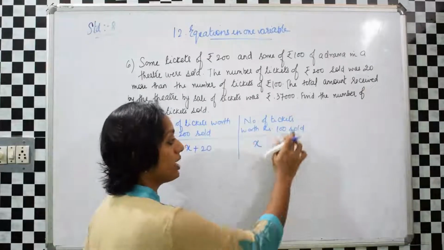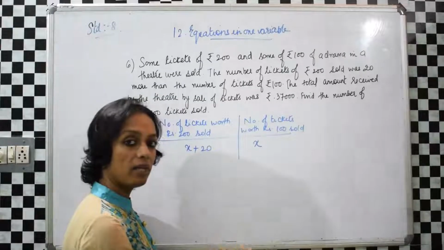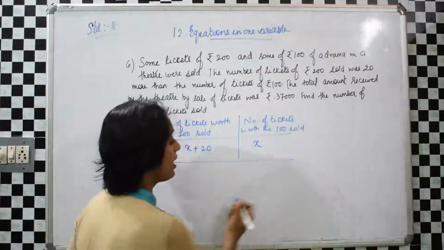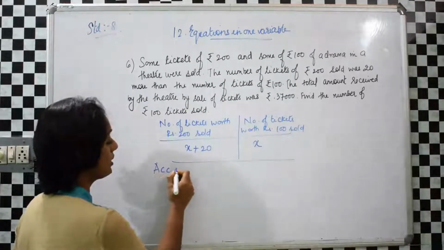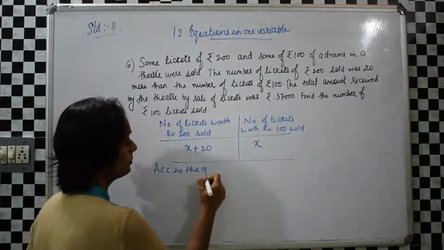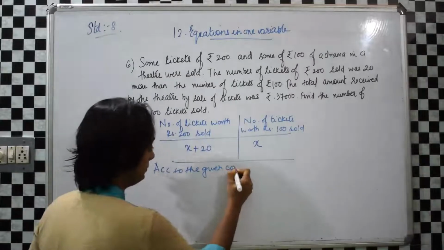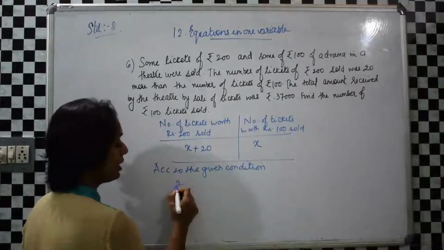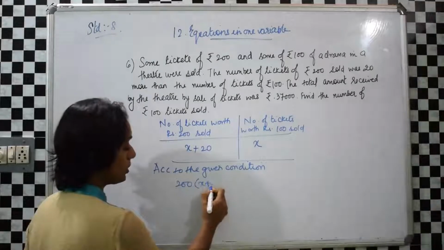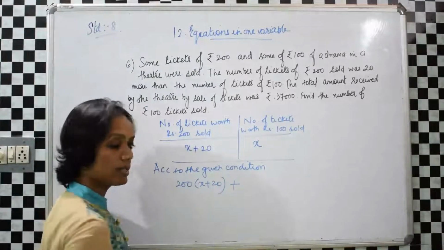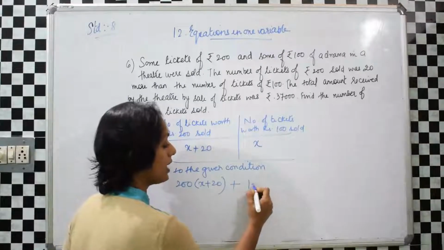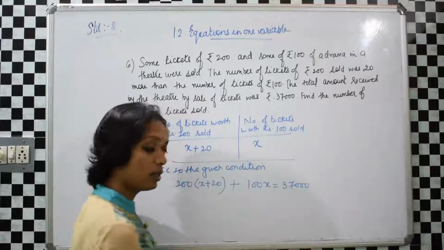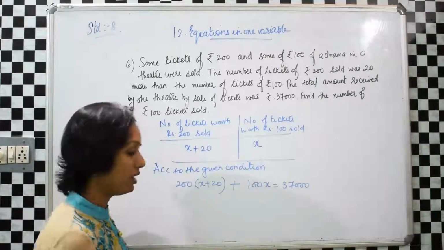Now 100 into x will give you the amount they are making by selling 100 rupees ticket. So here I will have, according to the given condition, this amount 200 into x plus 20 plus this amount 100x is equal to 37,000. So I got the linear equation in one variable.